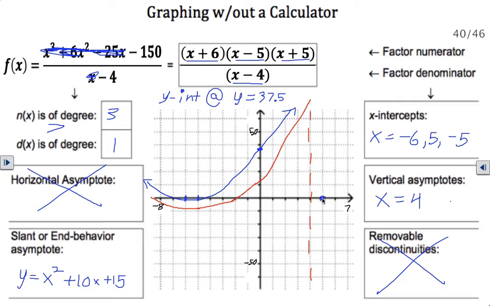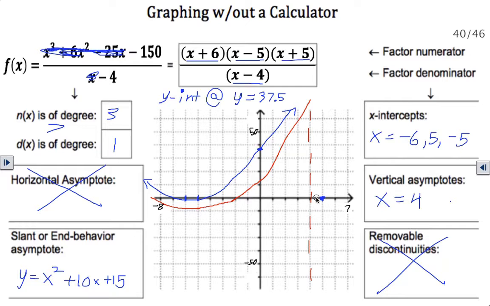So let's find out, when we're between these 2 points, are we going to be negative or positive here? We have this intersect at 4.